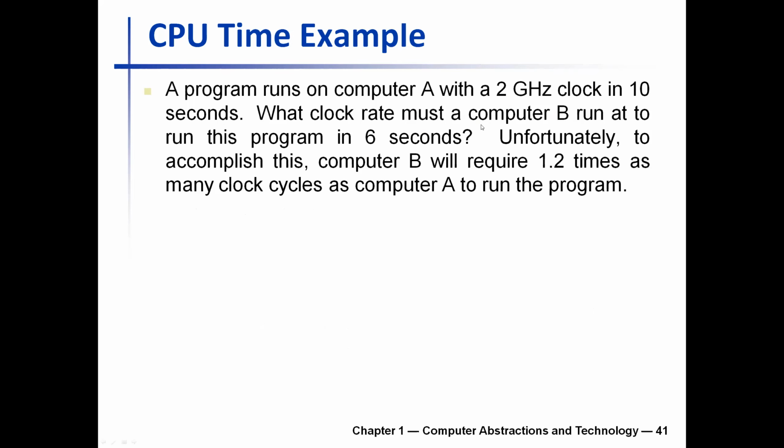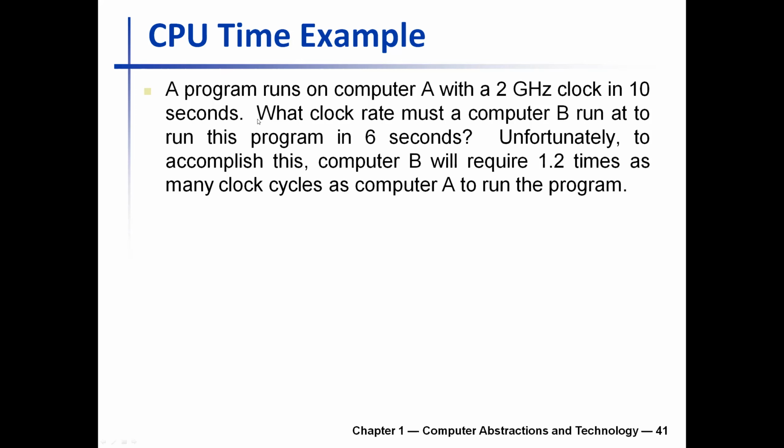Now, what clock rate must computer B, the second computer, use to run this program in 6 seconds? Now you want to design the second computer with a different clock rate to complete the same program in 6 seconds. Unfortunately, to accomplish this, computer B will require 1.2 times as many clock cycles as computer A to run the program.